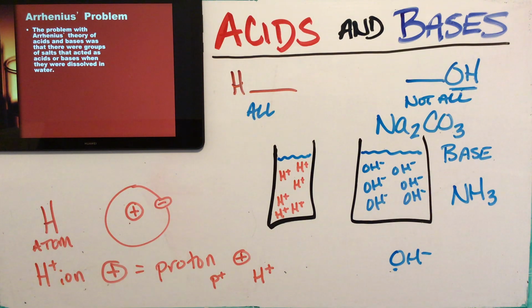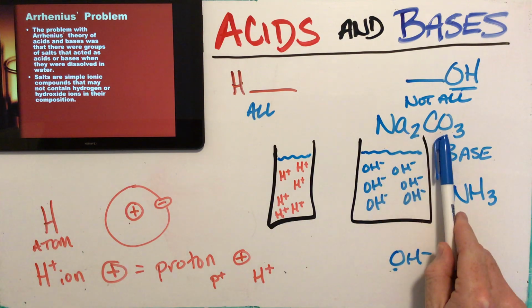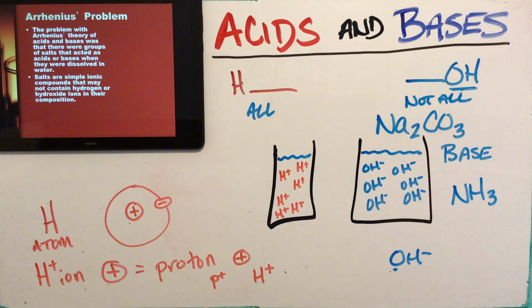So that was the problem when he said all acids begin with H and bases make the OH, it wasn't quite exact. He didn't cover everything. We know that a salt, like this one, is a simple ionic compound. It's got a positive and negative ion. The sodiums are positive. The carbonate is a negative polyatomic ion.